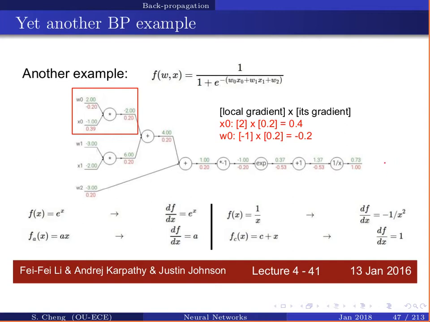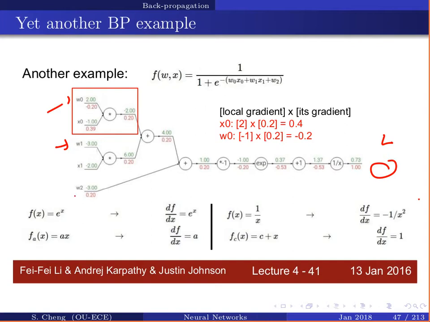We have a certain function at the end, sometimes it's the loss function, and the inputs here can be like W0 and X0. You can think of W0 as the weights, or maybe the others are the weights, it doesn't matter. But the point is I want to compute the partial derivative of this final output with respect to each of these variables.